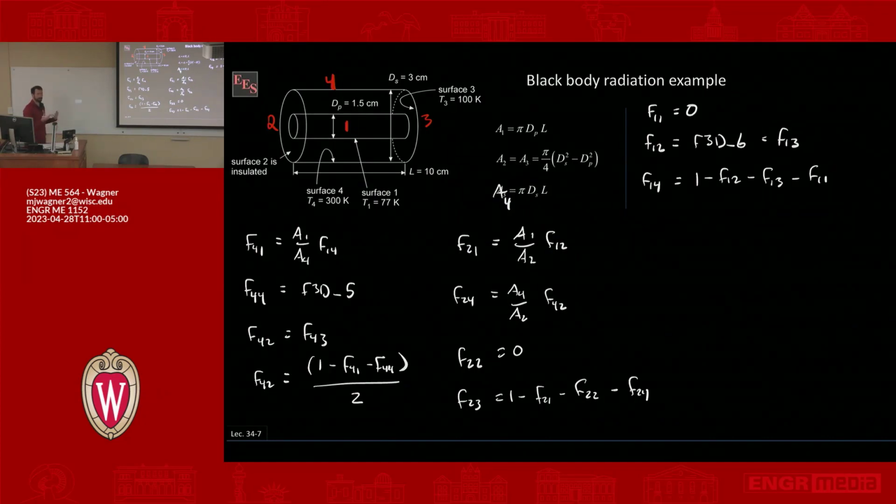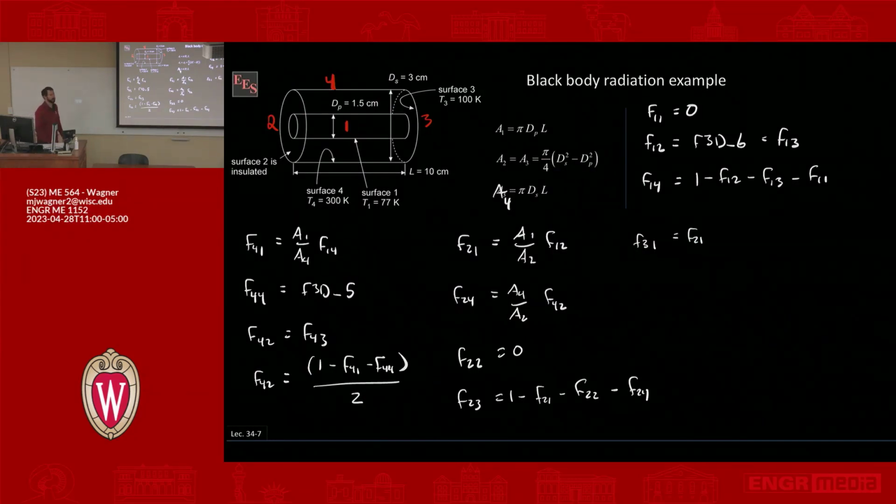You can see we now have enough information that we can move more quickly through this. For the third surface, F3,1, well, we already know F2,1. So F2,1 by symmetry or equivalence has to equal F3,1. It's the same geometry, just flipped around. So F3,1 is equal to F2,1.